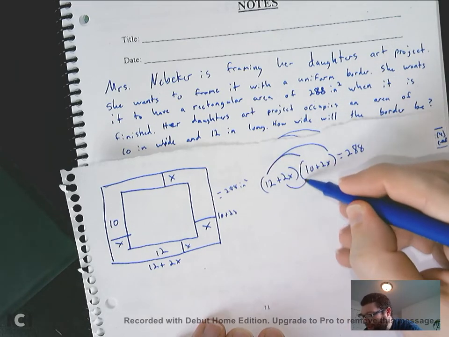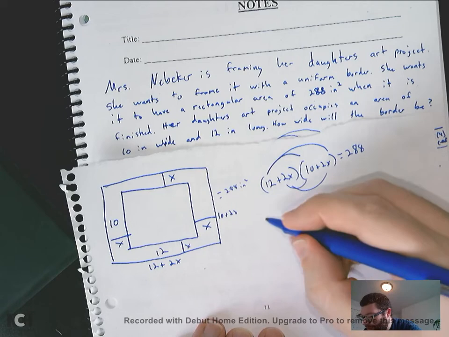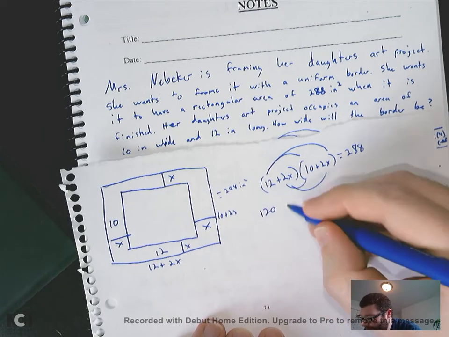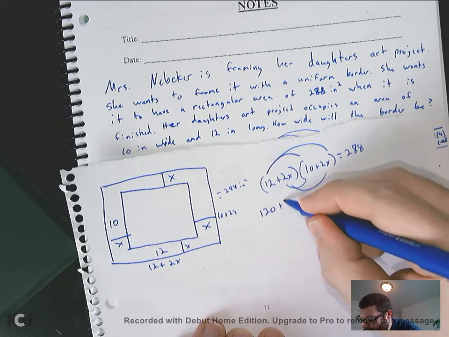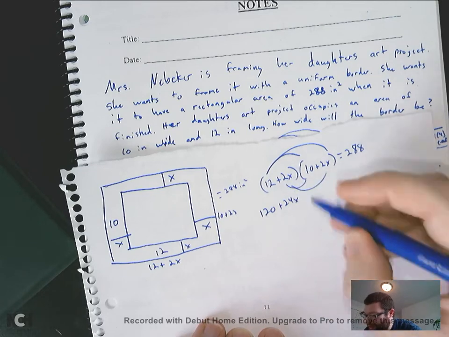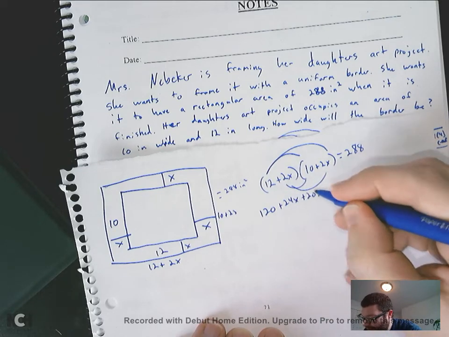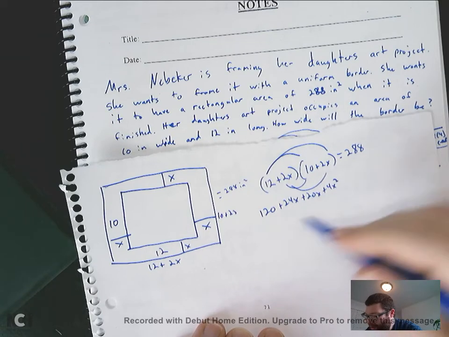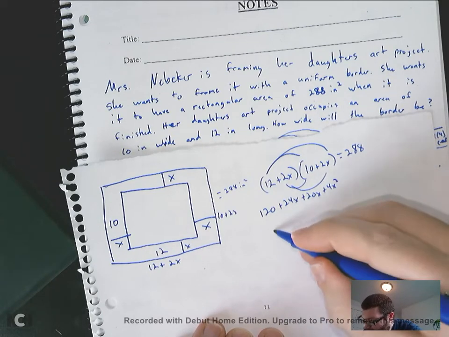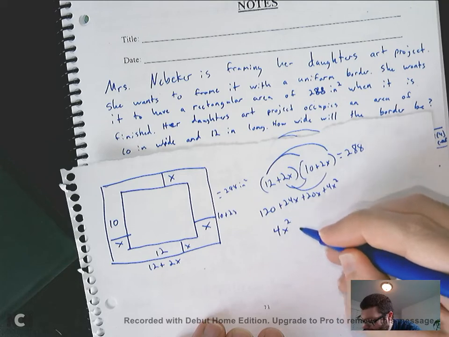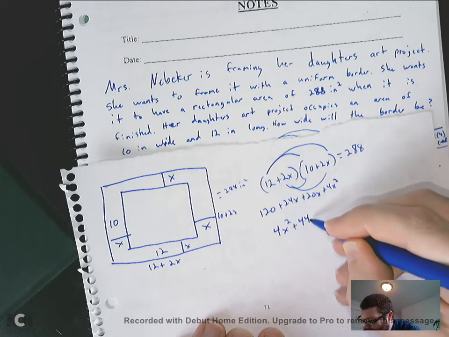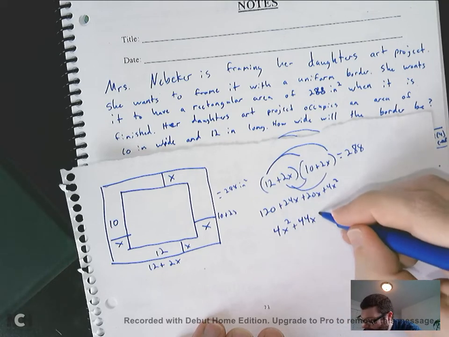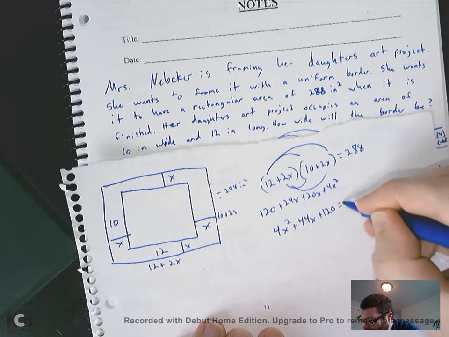Okay, so you just do some multiplying here. 12 times 10 is 120. 12 times 2x would be 24x. 2x times 10 is 20x. 2x times 2x is 4x squared. Move some stuff around, combine like terms, we're going to have 4x squared plus 44x plus 120 is equal to 288.